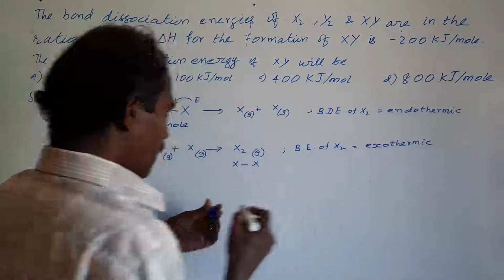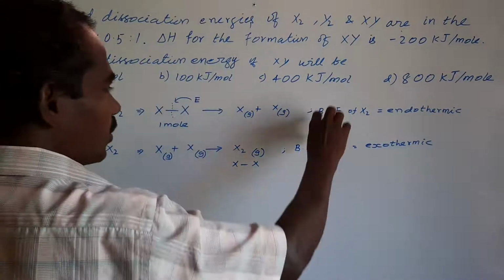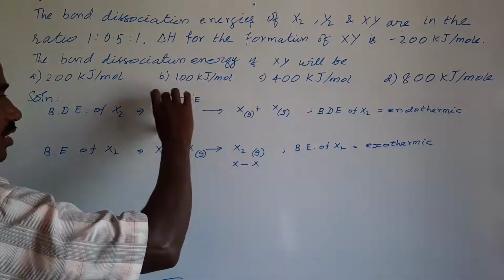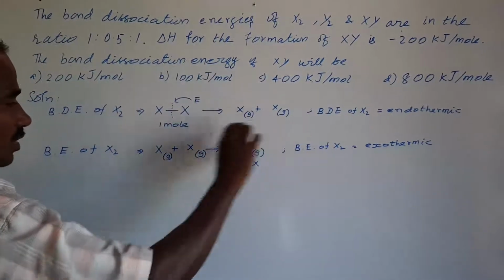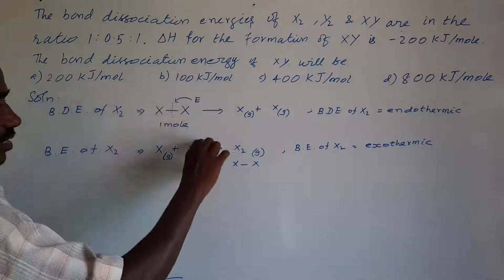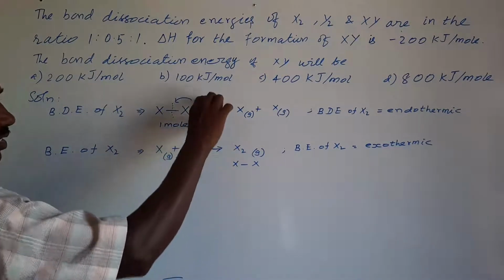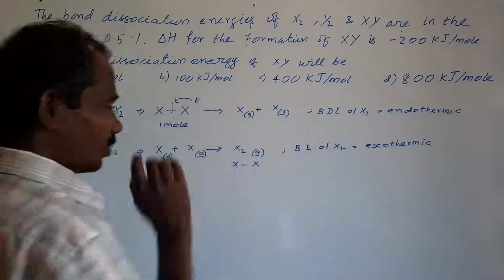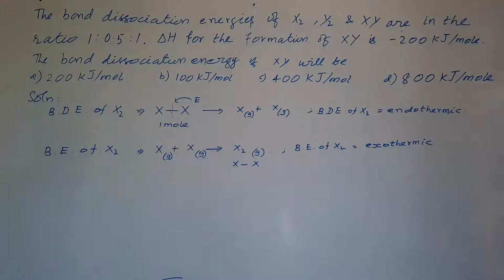Now let us compare the energies of these two. The bond dissociation energy equation is one, the bond energy equation is the other. These two equations are just reverse to each other. Therefore will this magnitude and this magnitude be equal? Yes, they will be equal.